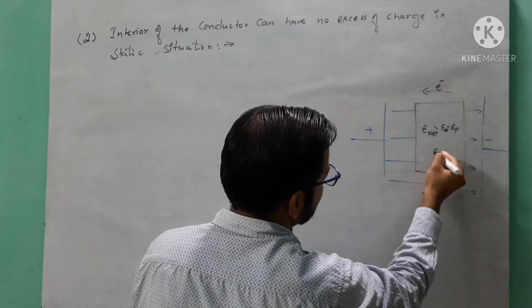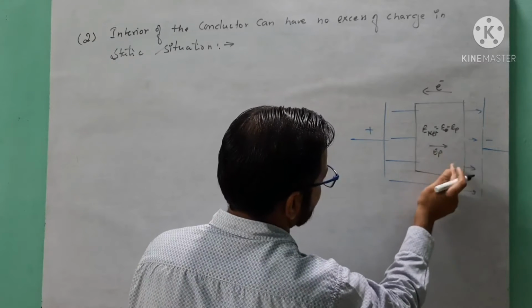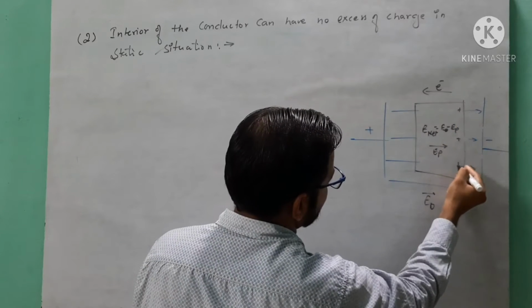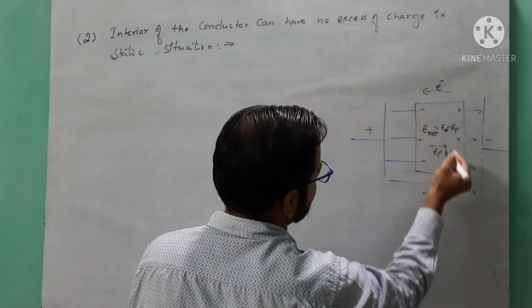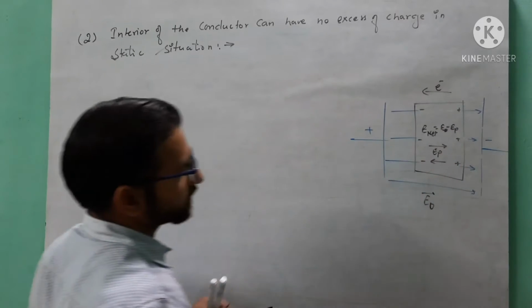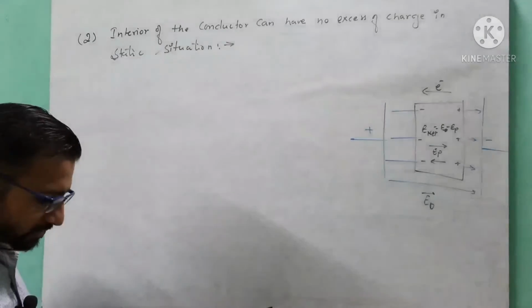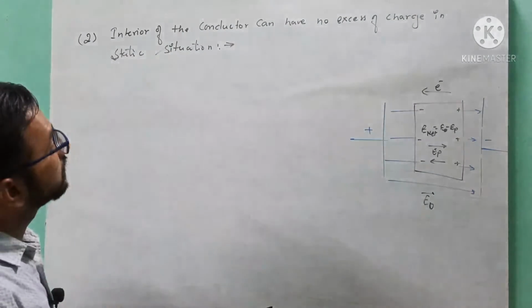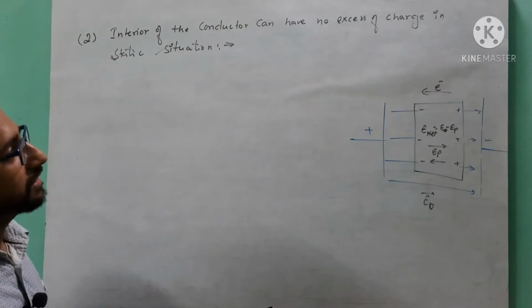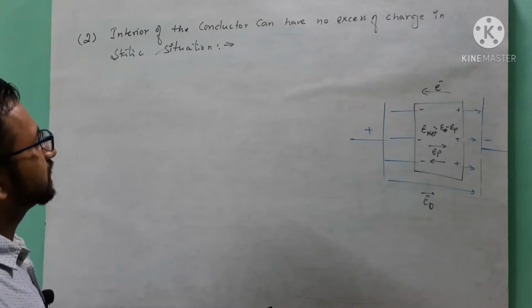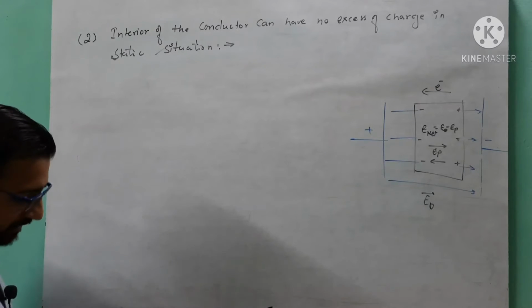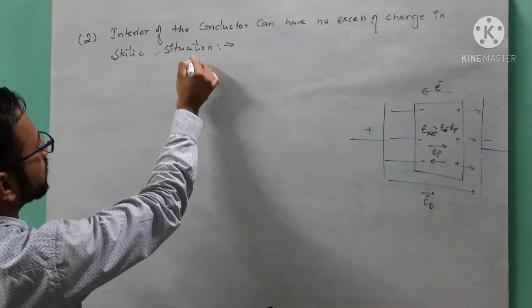The direction of EP is from positive to negative, opposite to the direction of E naught. So the second point is that the interior of a conductor can have no excess of charge in a static situation, or you can write this statement in your own words.